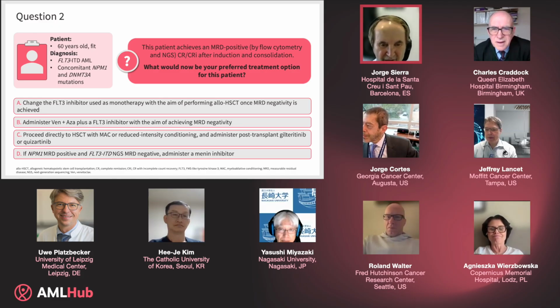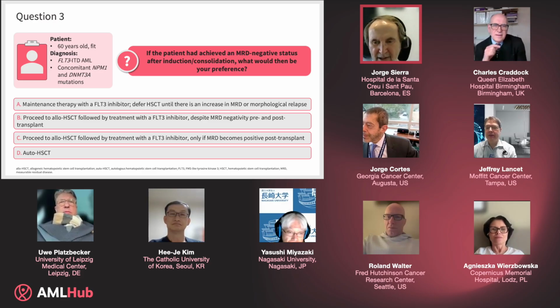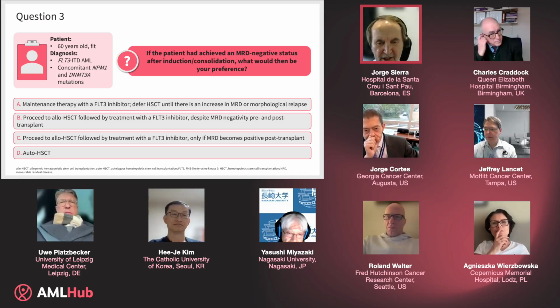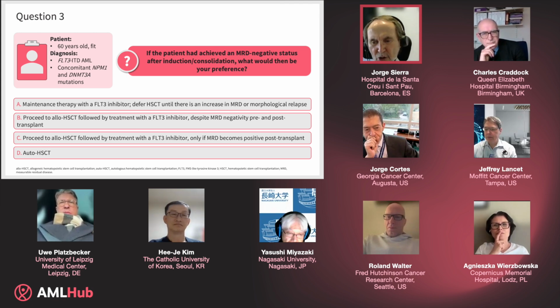Okay, next slide is the same patient, but who gets MRD negative status. What would be the option? A, maintenance therapy with a FLT3 inhibitor, deferring transplant until there is an increase in MRD or morphological relapse.